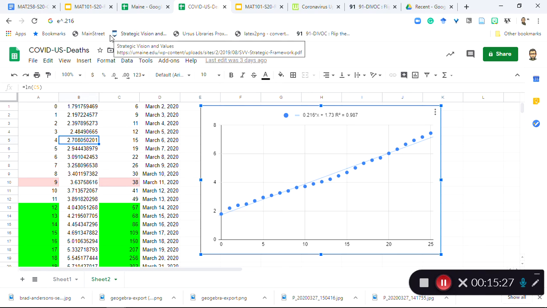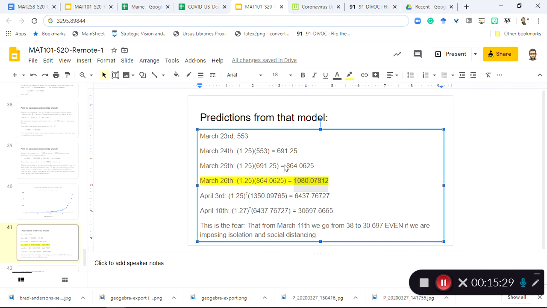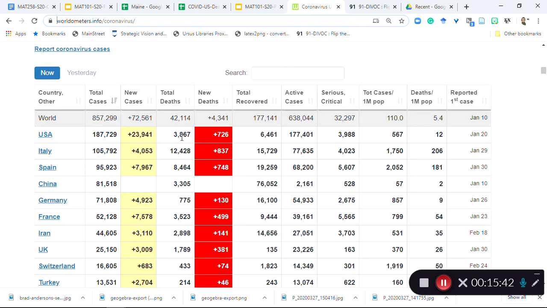So what does that mean? Well, it's a very good fit, and it's not surprising. Going back 5 days, the estimate of 3,300 is pretty close. It's unfortunately an underestimate as to the total number of deaths so far in the United States.